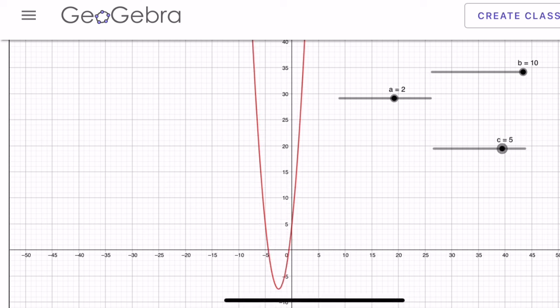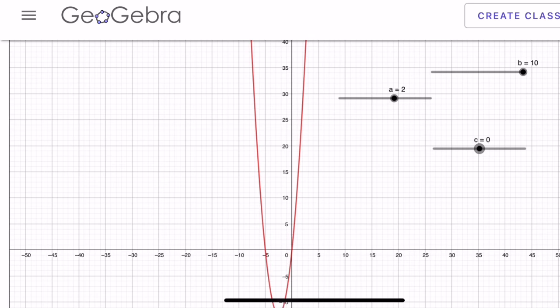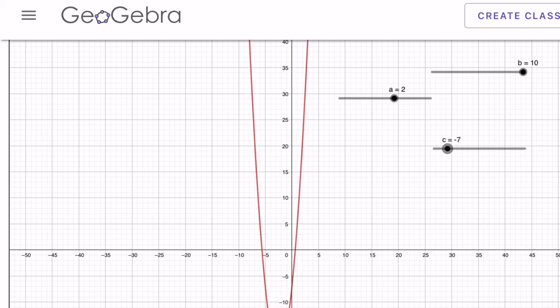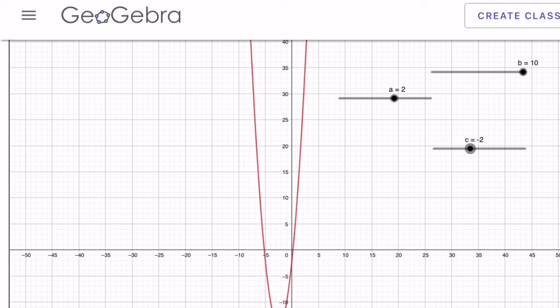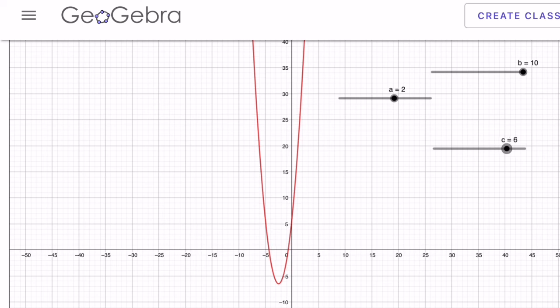Now the graph is cutting at 0, at the origin, and it can cut at negative 5 or negative 7. It depends. This is the position of the y-intercept. So a change in the value of C only affects the position of the graph, either vertically upward or vertically downward. The shape of the graph remains unchanged.